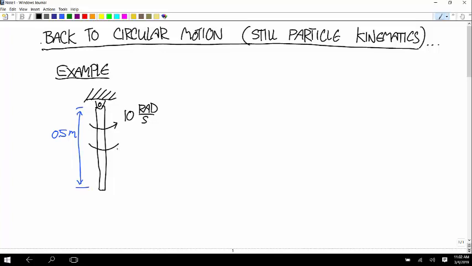And it has an angular acceleration this way of 20 radians per second squared. And we want to calculate the acceleration of the point P right here.